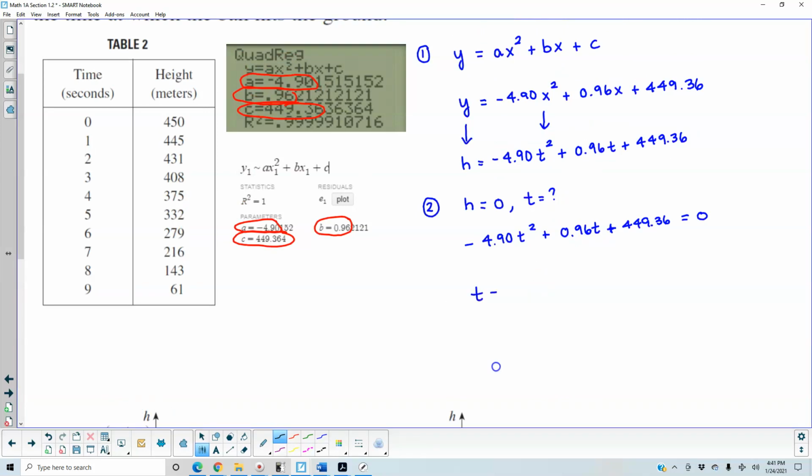So t is going to equal negative b, which is negative 0.96, plus or minus the square root of b squared minus 4 times a times c, divided by 2a.